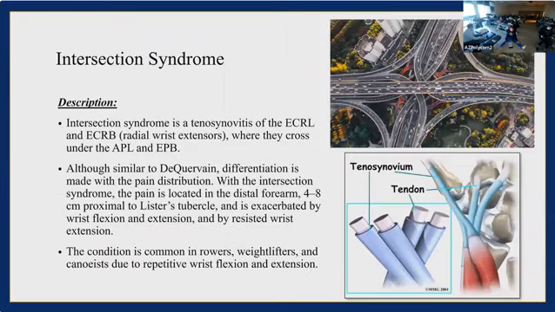As we move on to our other syndrome here, intersection syndrome. You can see that intersection syndrome is named because it looks like a highway intersection. The tendons of the extensor carpi radialis longus and brevis cross over under the APL and the EPB, the abductor pollicis longus and the extensor pollicis brevis.